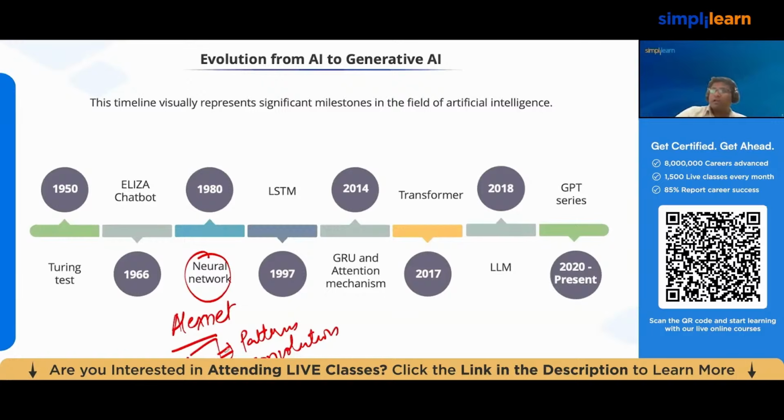Based on the classification, we can do various classes. That was the neural network era around the 1980s.